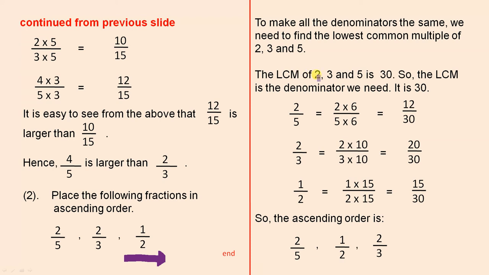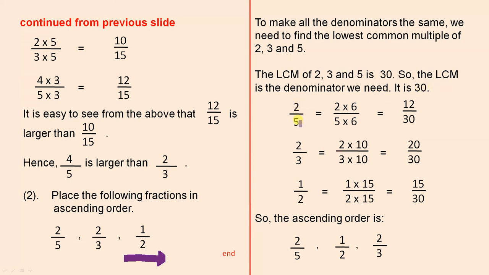The lowest common multiple of 2, 3 and 5 is 30. We saw lowest common multiple in a previous video. The lowest common multiple is the denominator we need, so 30 is the denominator we're looking for.